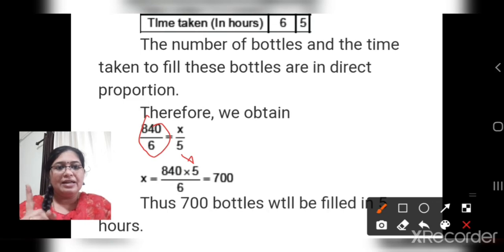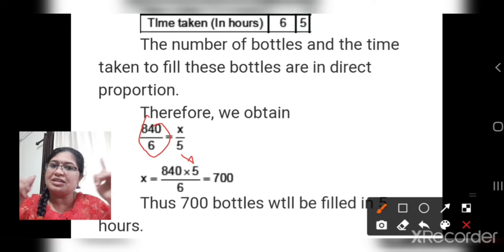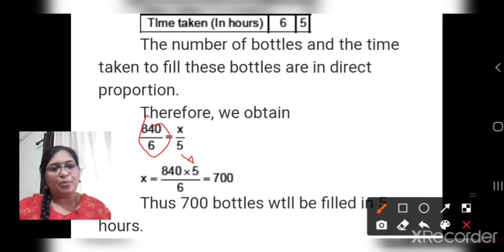Got it? Direct proportion, division. How to check direct proportion? When one quantity is increasing, the other is also increasing means it is direct proportion. When one is increasing, the other is decreasing means it is inverse proportion. Direct, division. Okay, we'll go to the next problem now.